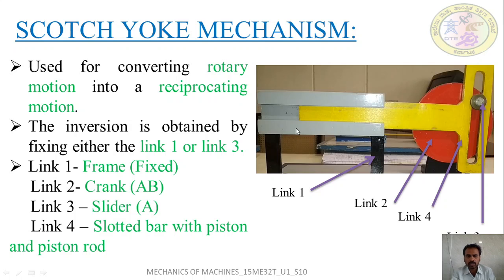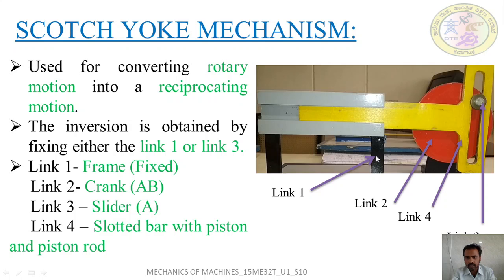In this picture you can clearly see the difference between link 1, link 2, link 3 and so on. Link 1, the black one, forms the frame, which is fixed.